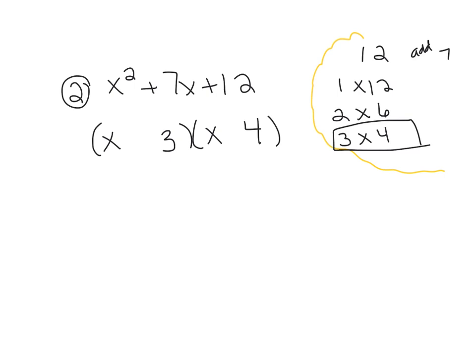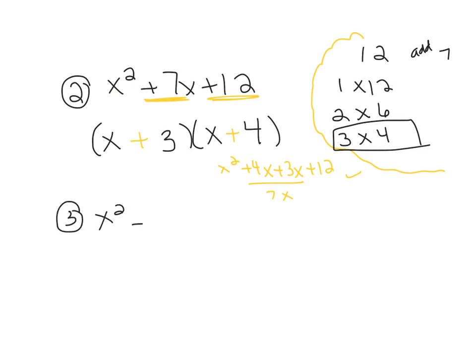You want them to multiply to be a positive 12 and add to be a positive 7, so they both need to be positive. Again, FOIL it really quick: x squared plus 4x plus 3x plus 12. You got your middle term. Perfect, check. Let's try this one.